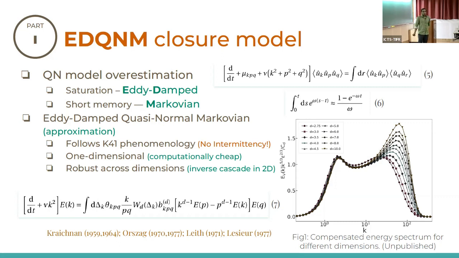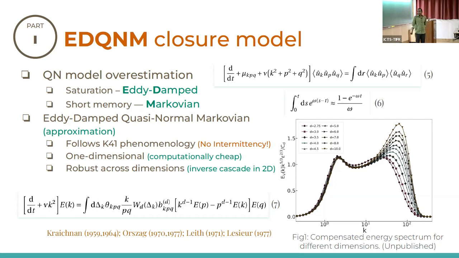It follows the Kolmogorov phenomenology of cascades, but it does not give you any intermittent effects or any deviation from Gaussian. But it has its own advantages and merits because it is a one-dimensional model. It is computationally cheap, and one can reach a really high Reynolds number using this EDQNM model.